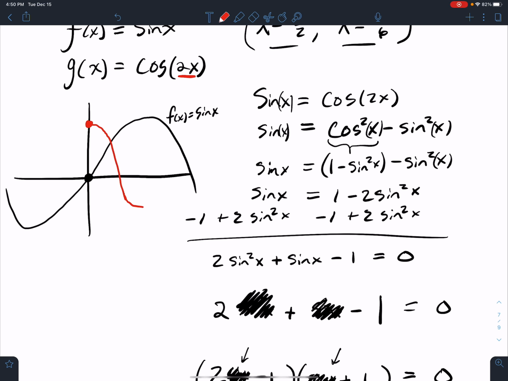through the cycle at the same speed that it takes sine to do it, double speed, okay? So in pi units, right, it's already made one full cycle, all right?